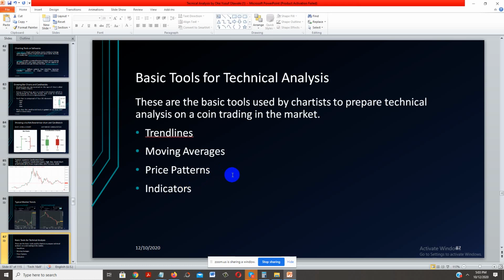If the candles are above it, that means it's a buy signal. But then you have to wait for a candle to cross and retest, depending on the setting of the moving average. Then we have moving averages, price patterns, and indicators. These are the things we use to chart.